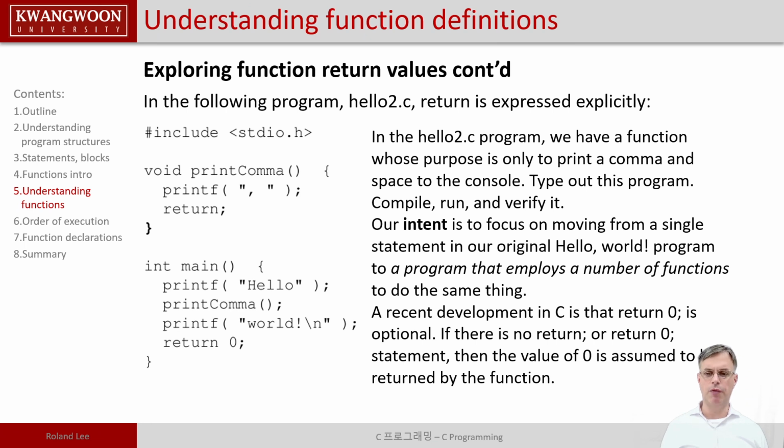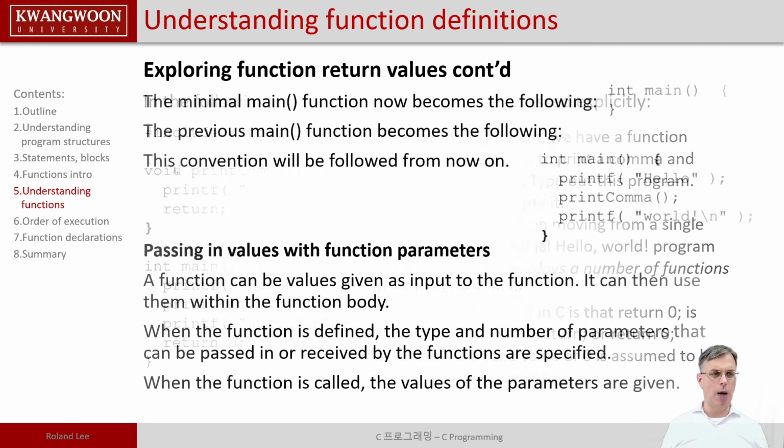This, by convention, means everything is executed normally and all is well. With this in mind, the modern minimal main function now becomes int main, parenthesis, curved bracket, and return is not necessary. It became optional.